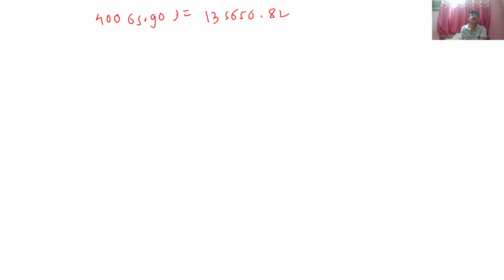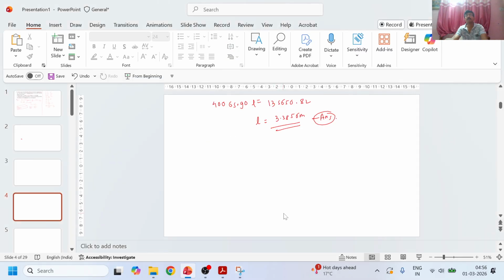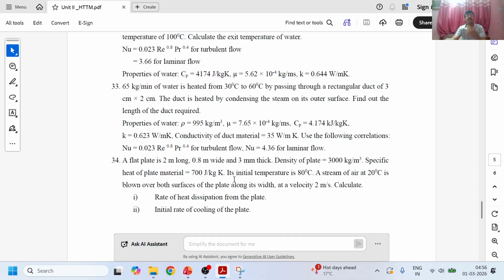If I solve this for L, the answer of L comes around 3.3856 meter. Okay, so this is the required answer. With this, we have finished the first problem for today. Now we'll move to the next problem.